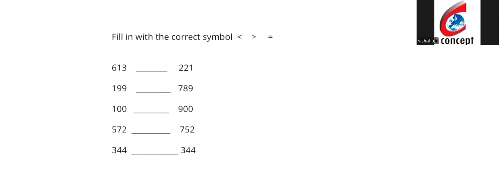Let's do it together. What we have to do in here, check. See, we need to put in here proper signs. So this is less than, this is greater than, and this is equal to. Let me write it here.